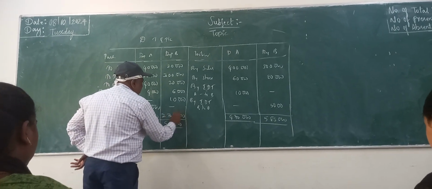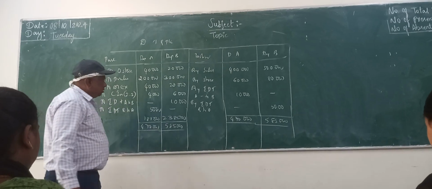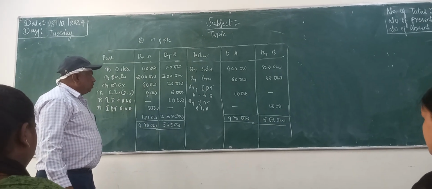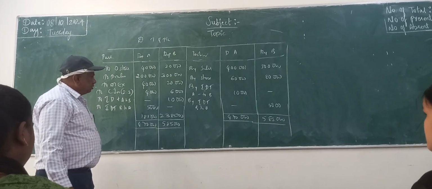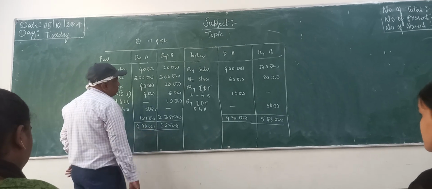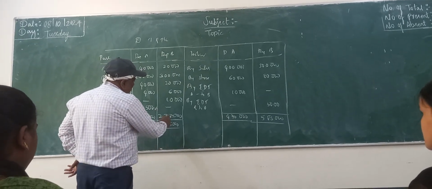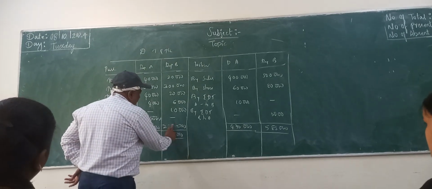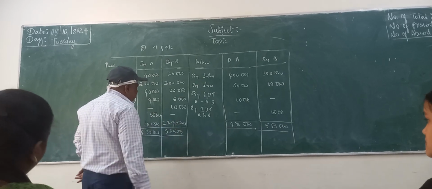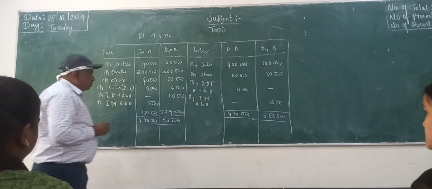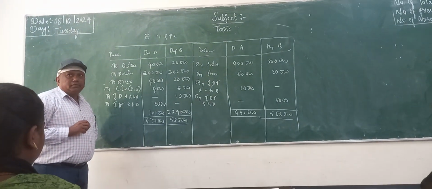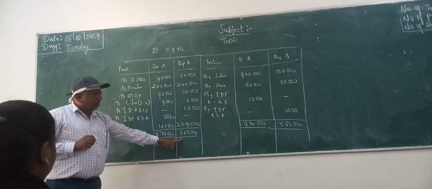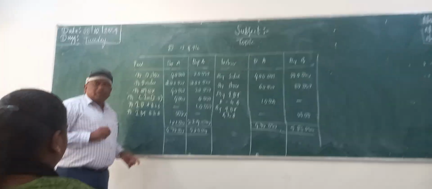Is it correct? No. 2 lakh 38. Check once. To add, you should get this one. 5,85,000. You are getting it, right?